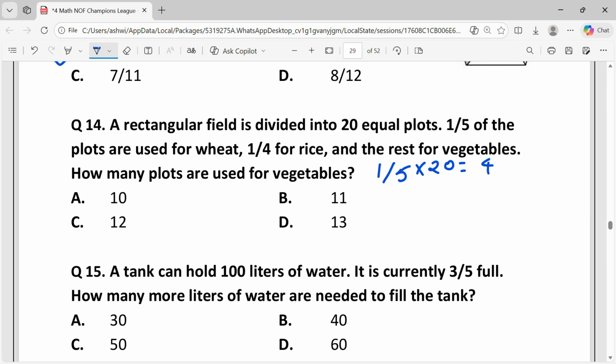The plots used for rice is 1 by 4 into 20, that is equal to 5. Together that is 4 plus 5, equal to 9. So the plots for vegetables will be 20 minus 9, which is equal to 11. So the answer is B, 11.